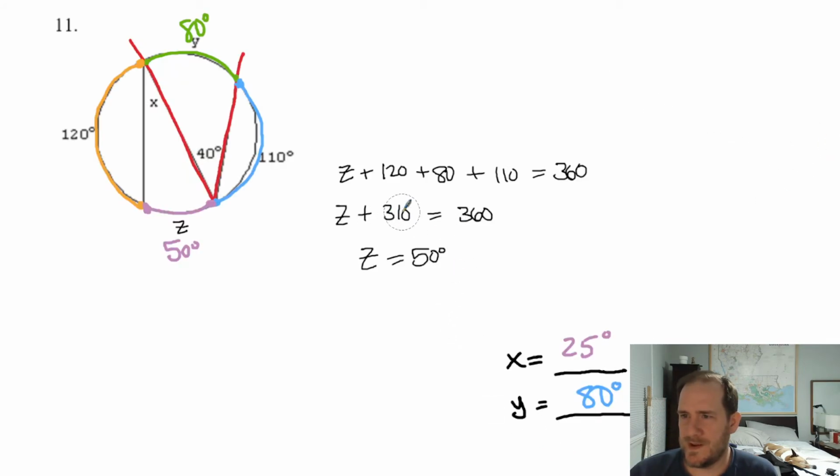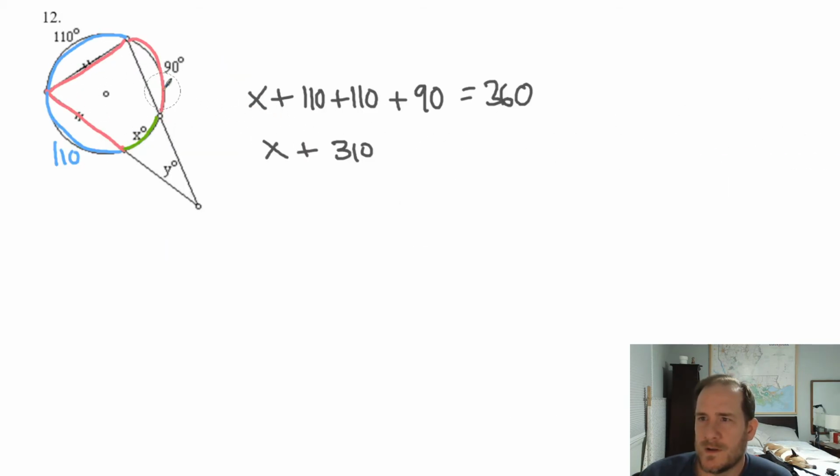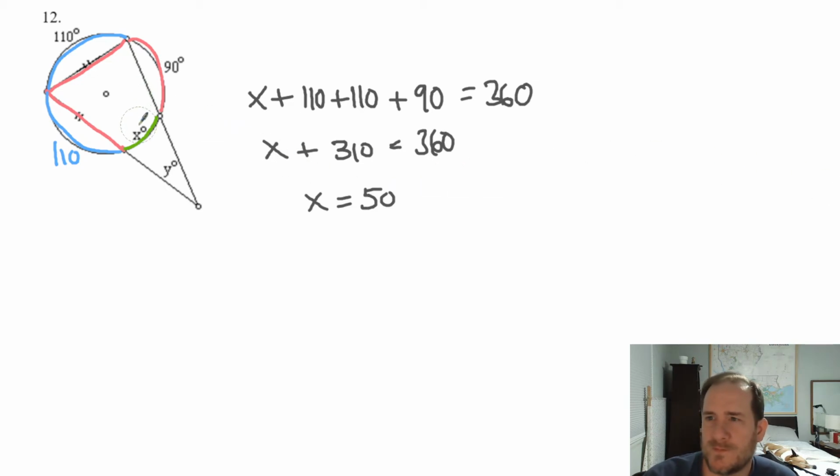Different numbers, but we actually ended up with the exact same math here. This equals 360, but we still end up with 50. And so that's the arc right here. That'll be 50.